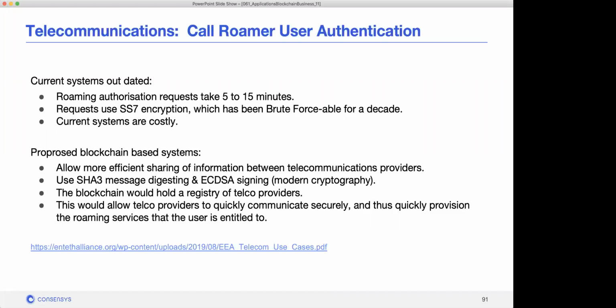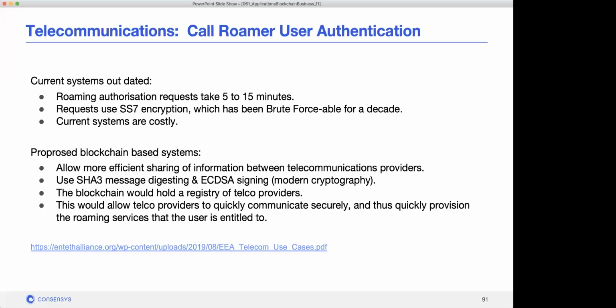There's also that the requests use SS7 encryption, which has been brute forceable for a decade. And so people could forge the messages as well, theoretically. And the current systems are really costly.